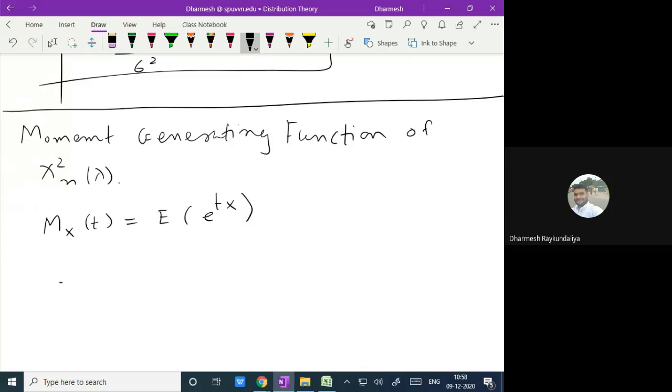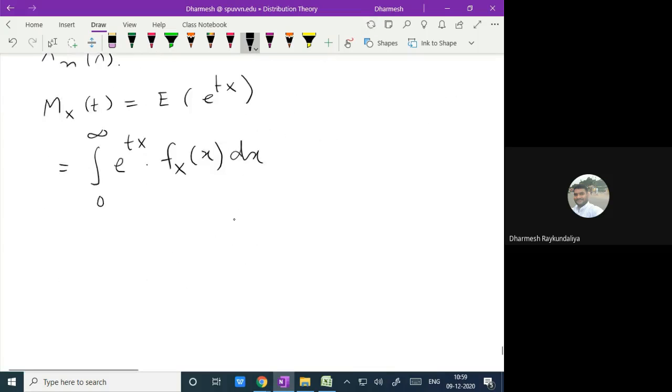So the expectation of e raised to tX, because we are using the non-central chi-square, which has range 0 to infinity, is the integral from 0 to infinity of e raised to tx times f_X(x) dx. And what is f_X(x)? It is the non-central chi-square.